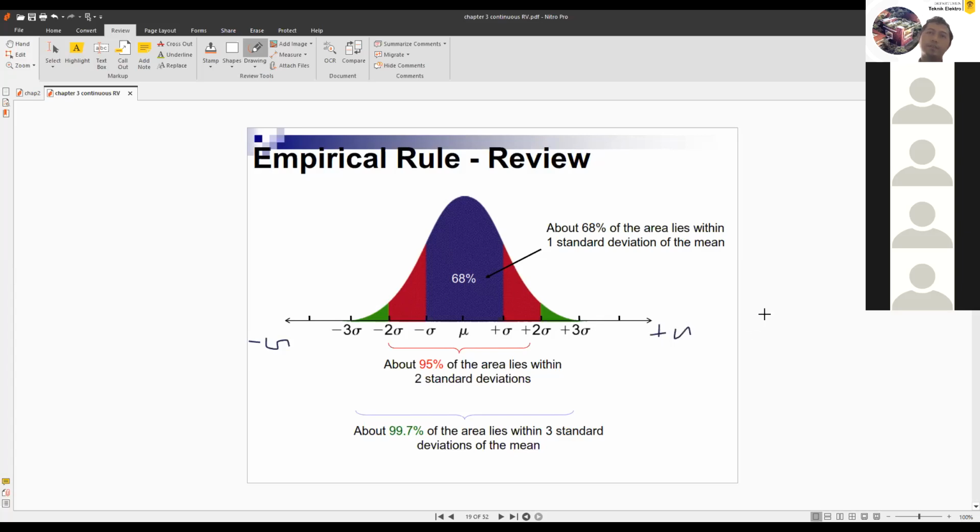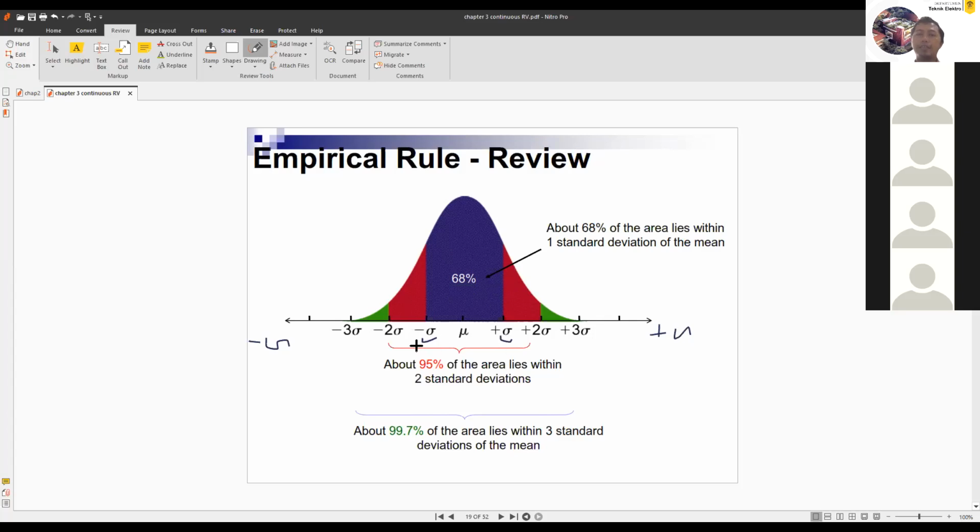This is minus standard deviation and this is plus standard deviation. The purple area, limited by minus standard deviation until positive standard deviation, is 68%.